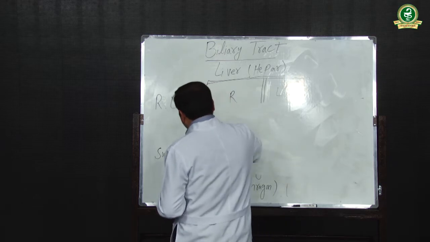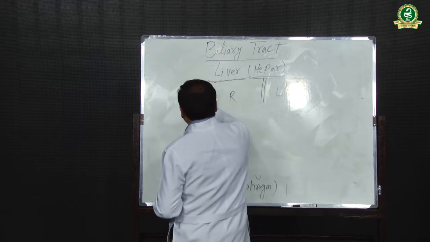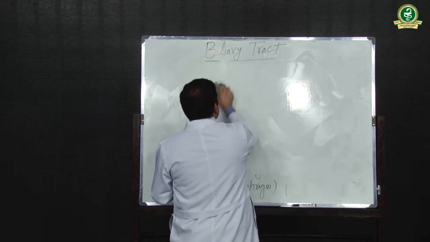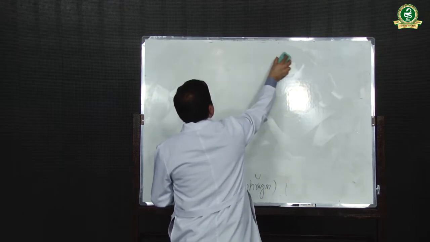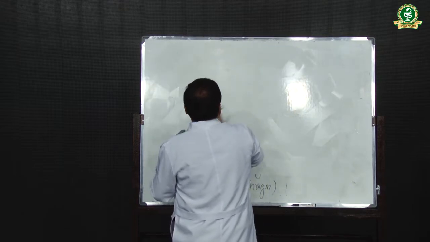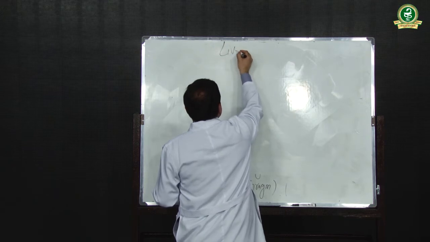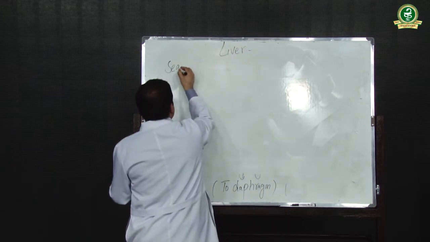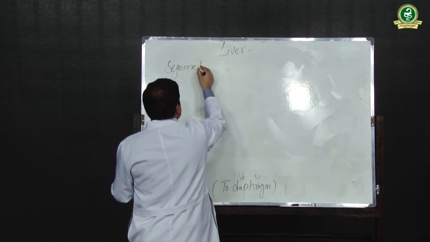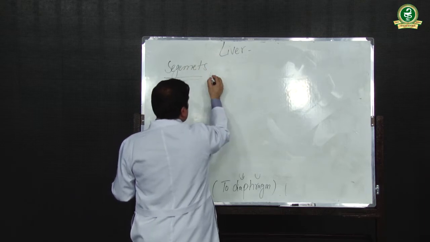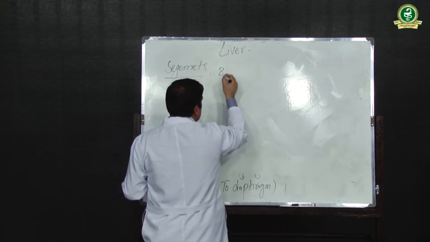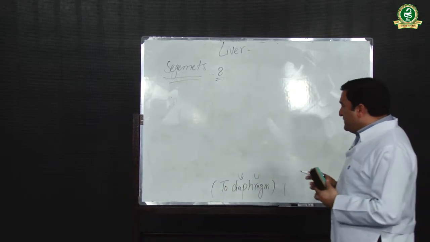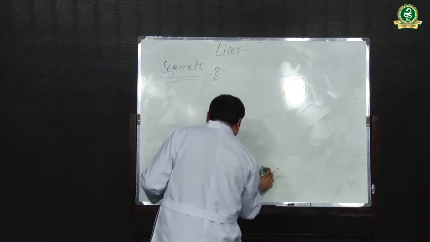Now we discuss the segments of the liver. How many liver segments? Eight segments. How will the division be? I will show you.